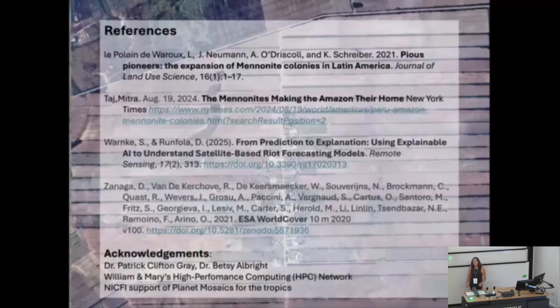Yeah, so we're going to publish this as a short methods paper, and we're making it very much: look, this is a bunch of different agricultural patterns and we can pick this one out. Scaling it up and then targeting this cultural group, I mean, they have been targeted. If you just Google Mennonites and deforestation, you will find all sorts of news articles.